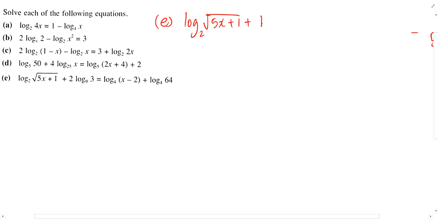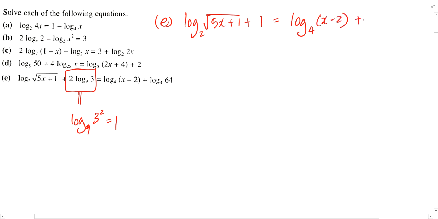Plus 1. Okay. Why plus 1? Okay. Did you say log base 4? 64? 64.